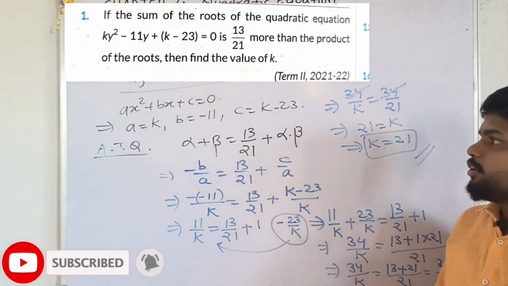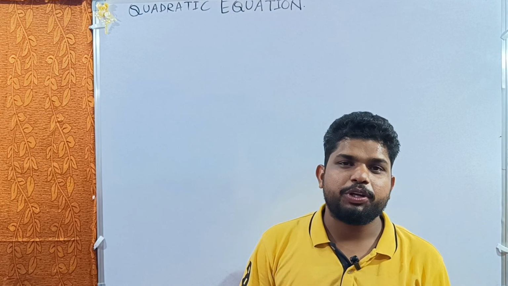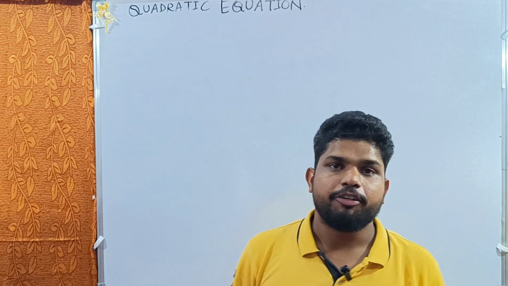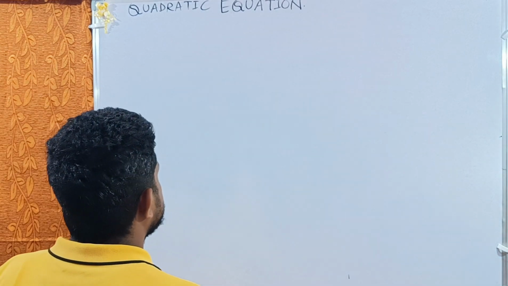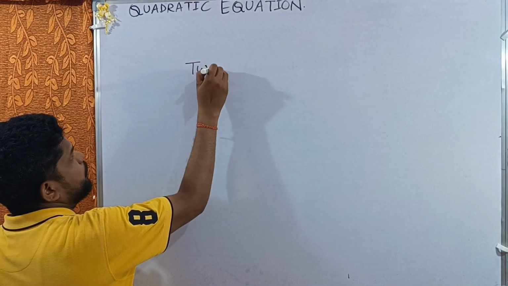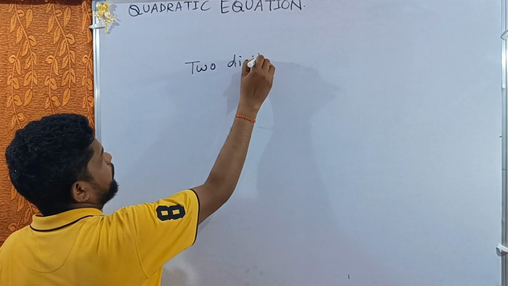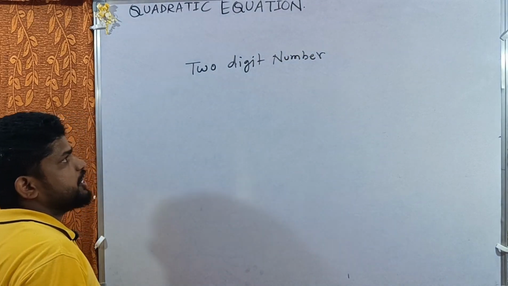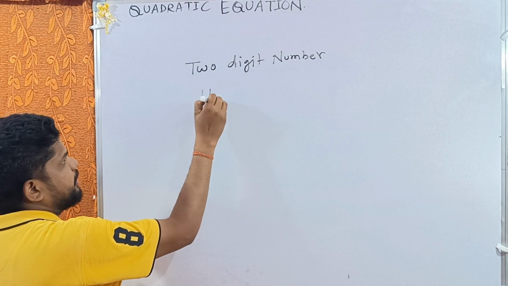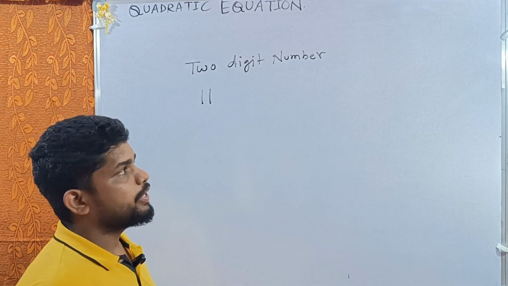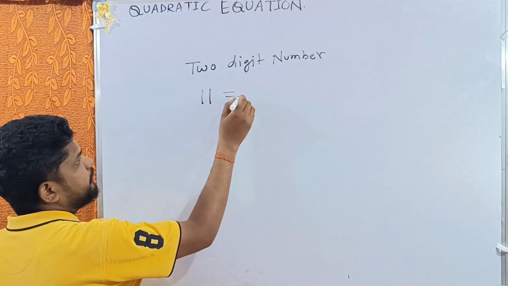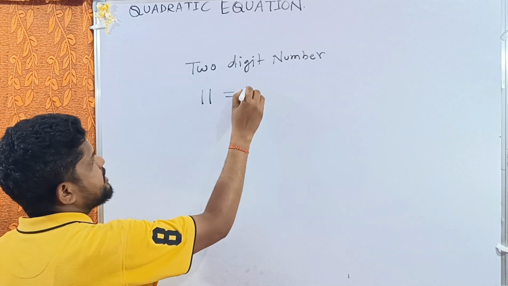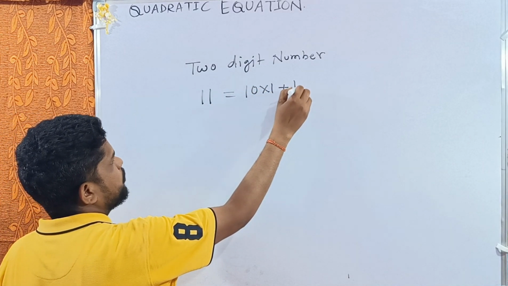Okay. Dear students, before we proceed to the next question, I just wanted to tell you something very important, which is two-digit number. Suppose, dear students, we are having number 11. 11 is a two-digit number. In expanded form, we can write 11 as 10 into 1 plus 1.